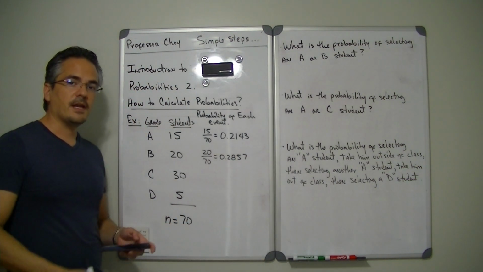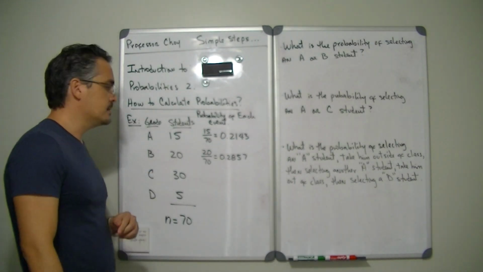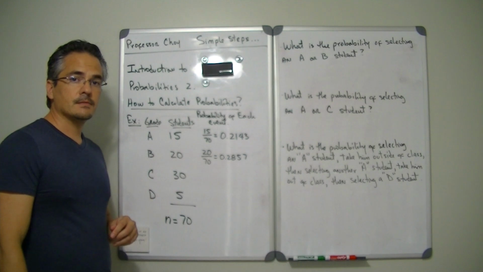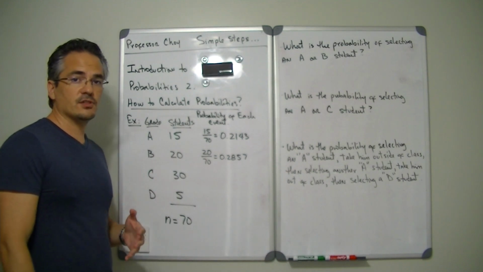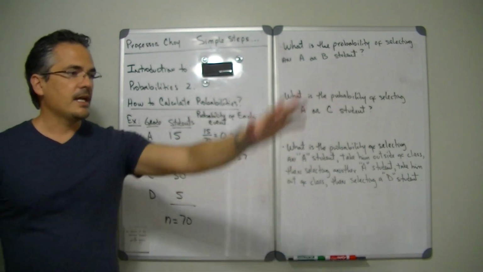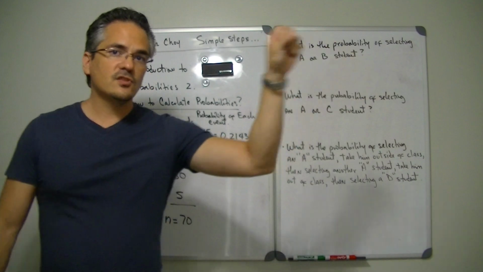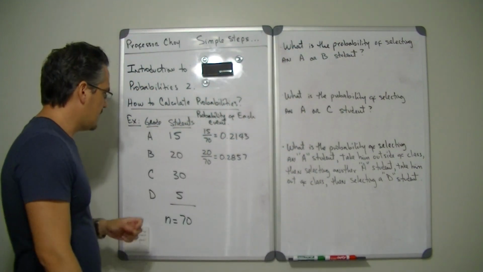Okay? Now, what is the probability that a student got a C? Again, a very similar question. Imagine that I have all the students in the class and I randomly grab one. What is the probability that the student I just grabbed is somebody with a C?